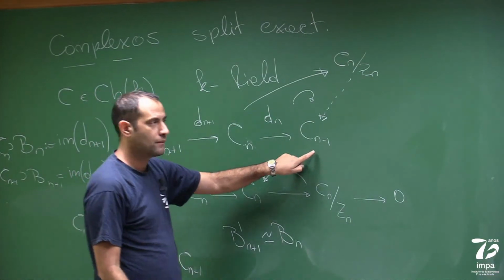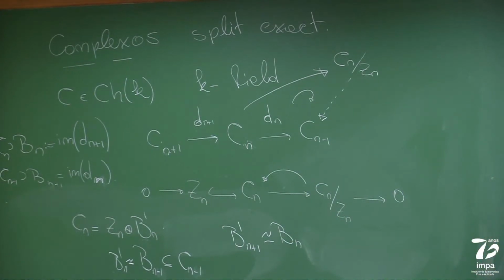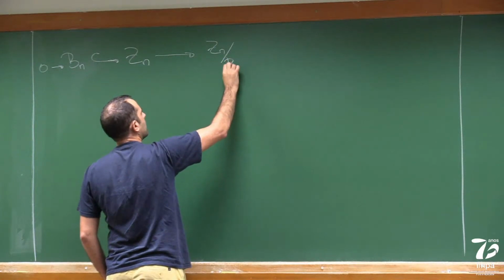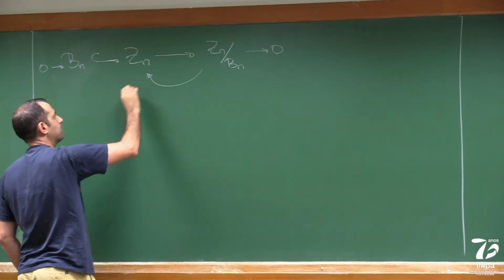Right, the image of D, that was the fact that this was a complex, that the image of Dn plus 1 is inside of the kernel of Dn. The composition of these two guys was 0. And then the quotient of this, whatever this is, Zn mod Bn, comes to 0. And again, this is split.